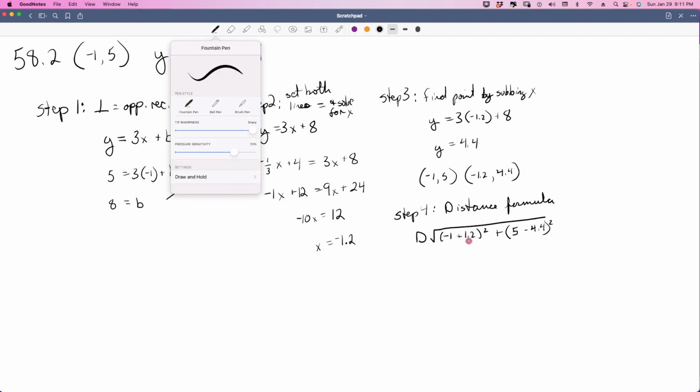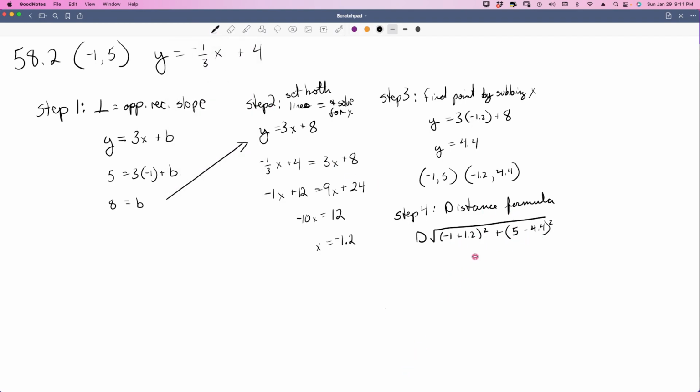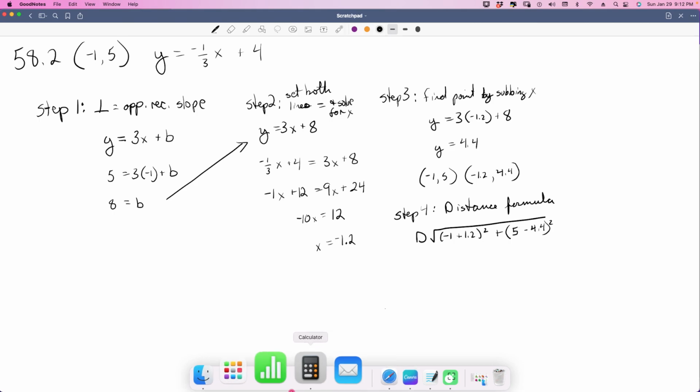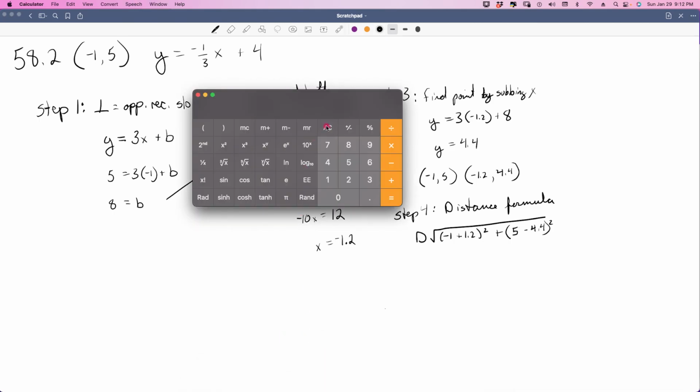All right, so now we're going to do the math and square those. So this is going to be 0.2 times 0.2, which will be a 0.04, I believe. I think I'm doing that in my head, right? So 1 negative plus 1.2 equals 0.2, and we square that to get 0.04.